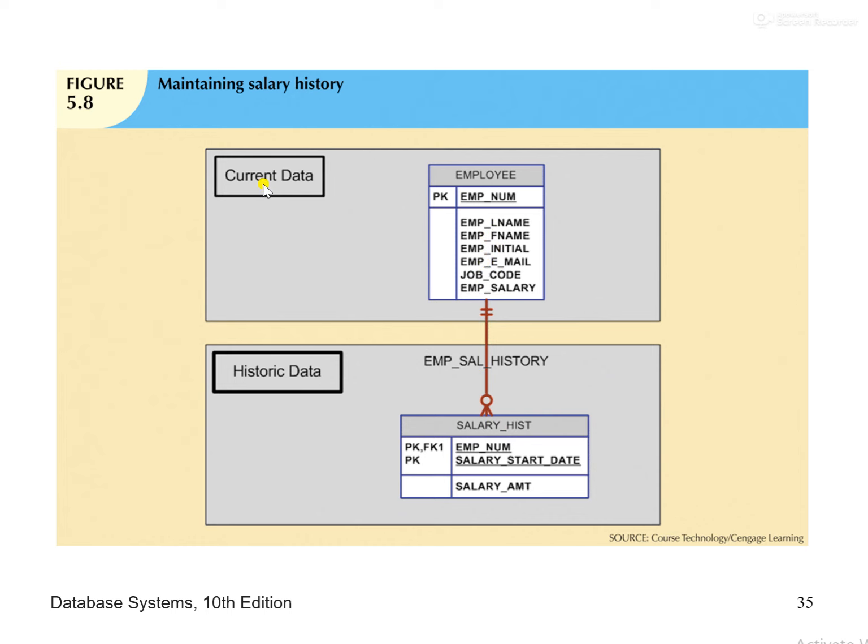The entity employee just keeps a record of current data, and historic data is kept in this salary history table, where we have salary start date, employee num and salary amount as attributes, where employee num is a foreign key from the employee table, and salary start date is the primary key, and employee num is also a part of the primary key.